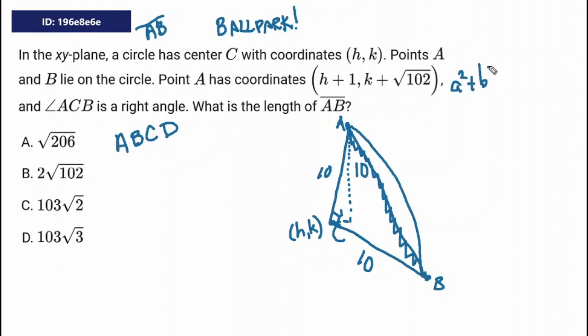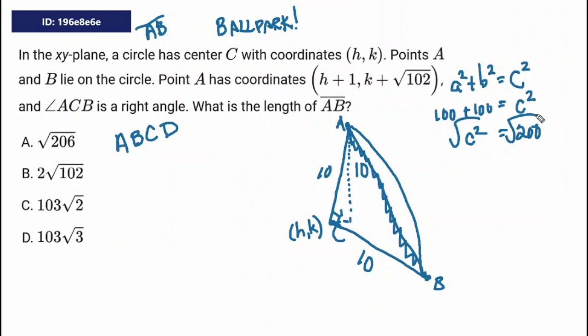A squared plus B squared is C squared. Now let's ballpark. A squared is about 10 squared, so it's 100. B squared is also about 10 squared, so it's 100. Okay, so what's C squared? It's about 200. I know you know how to do this. Root 200, what is that?